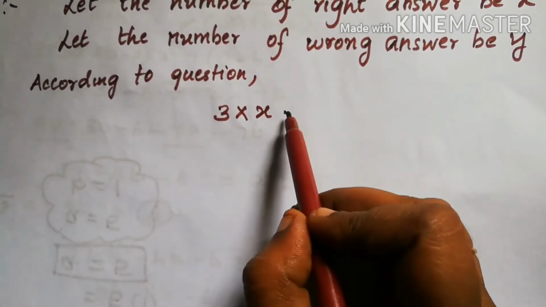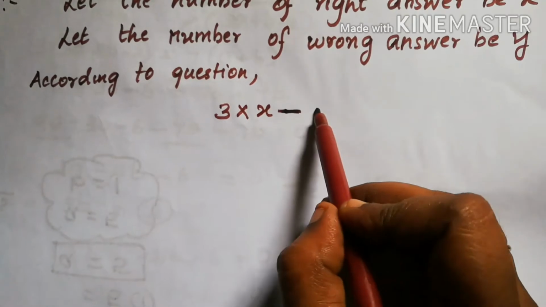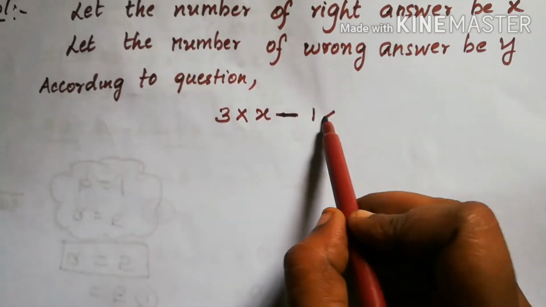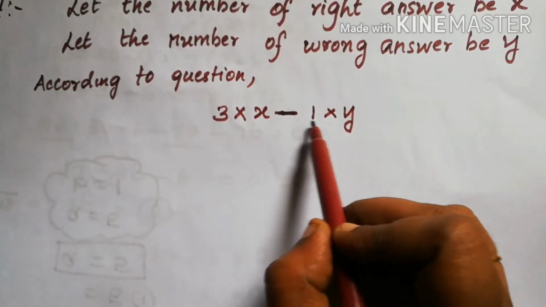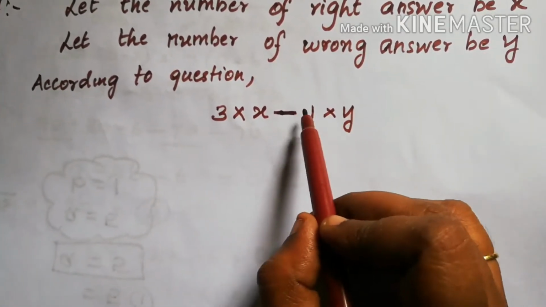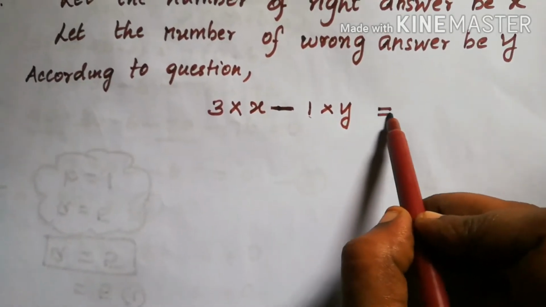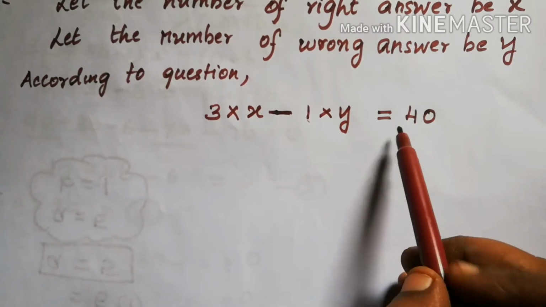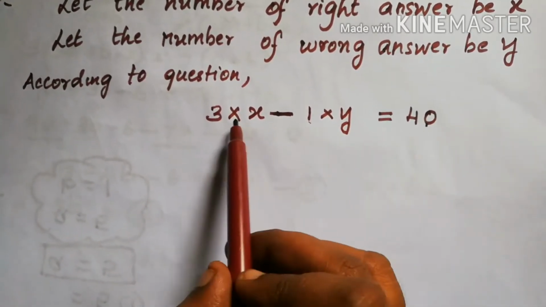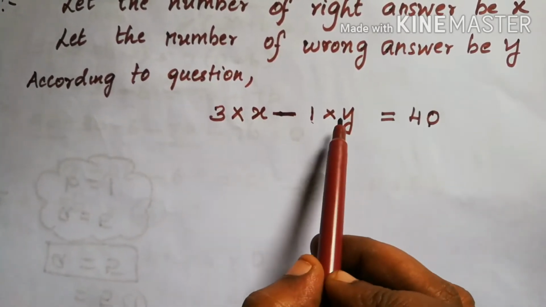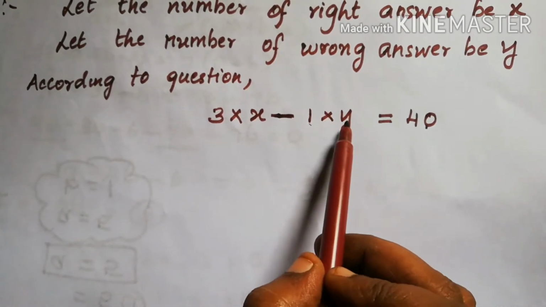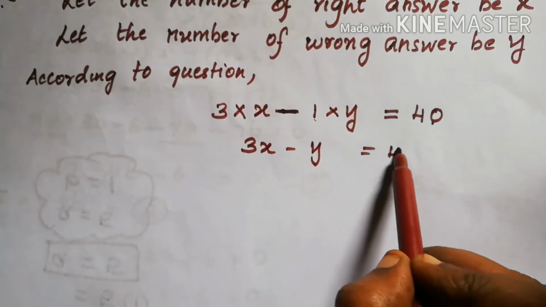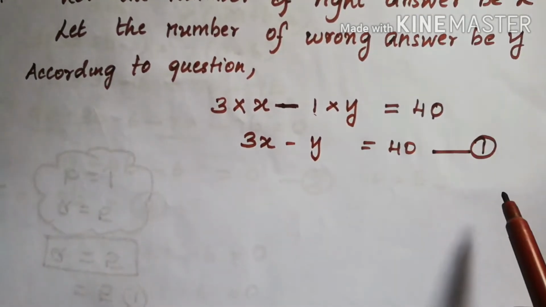So losing in the sense you have to minus it. How many wrong answers are there? We have assumed y. So 1 into y. So he was losing 1 into y marks for wrong answers. So total marks scored is equal to 40. So this is the first statement. Yash scored 40 marks by getting 3 marks for each right answer and losing 1 mark for each wrong answer. So you have got 3x minus y is equal to 40. This will be your first equation.